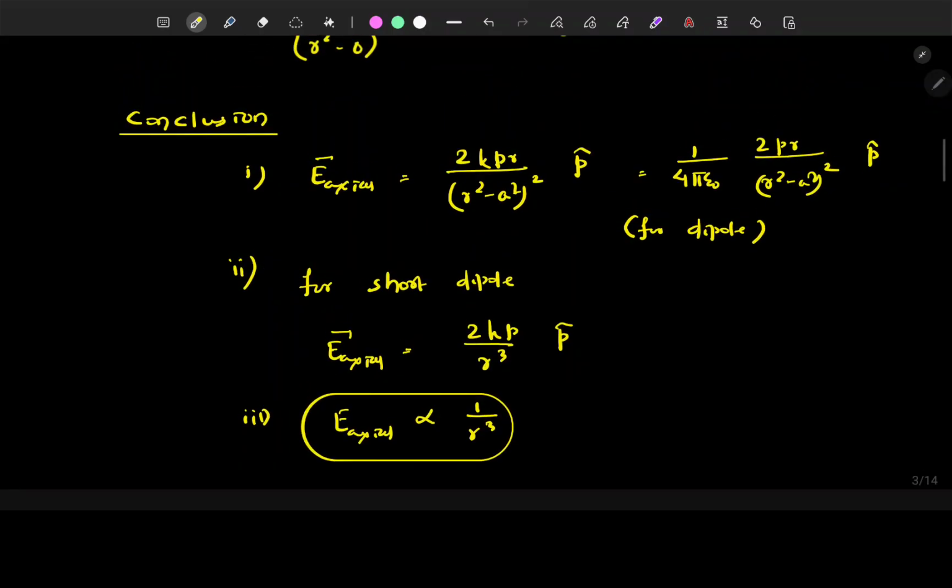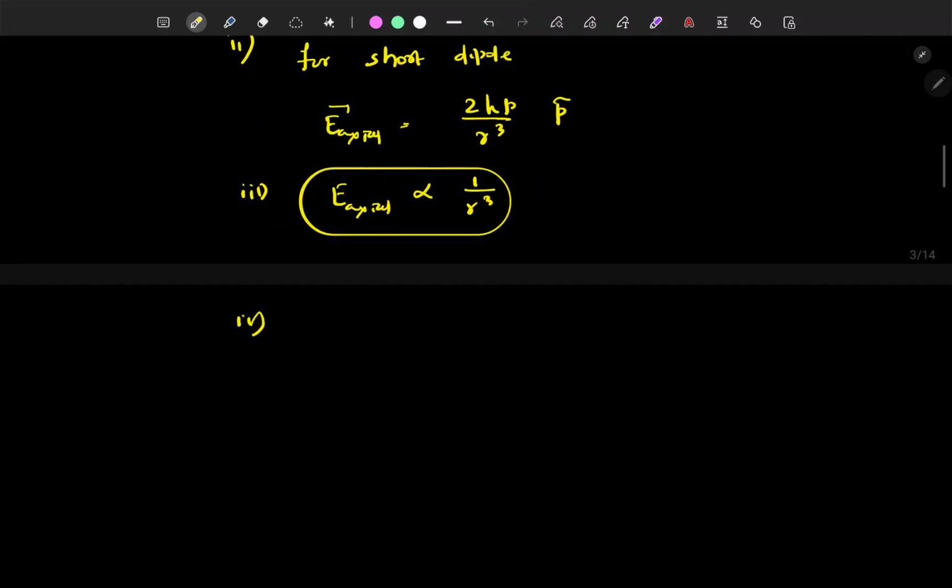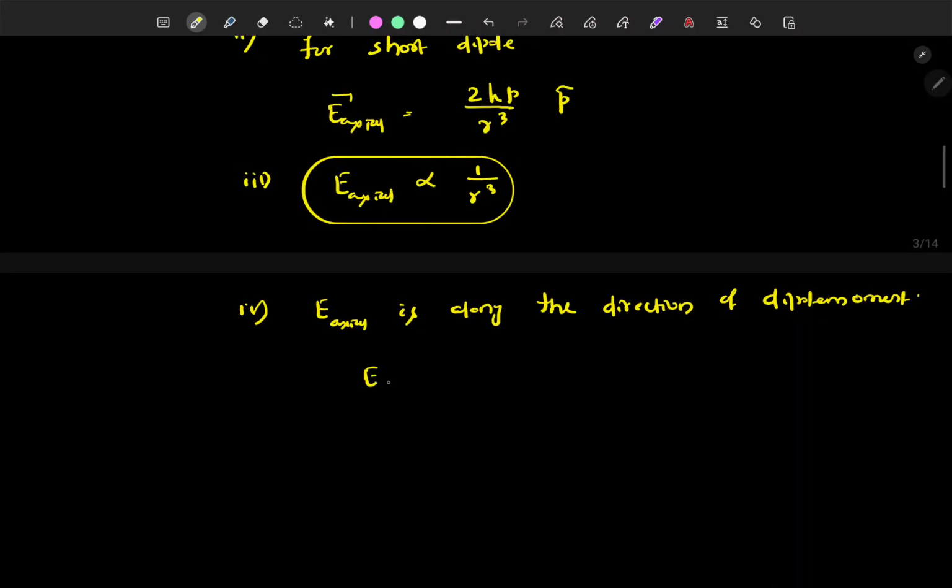Another thing, net intensity due to axial position is along the direction of dipole moment. So E net or E axial vector is along the direction of dipole moment, which is denoted by the letter P. That means E axial vector is parallel to P vector.